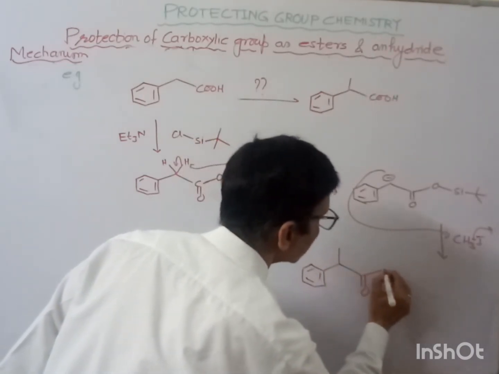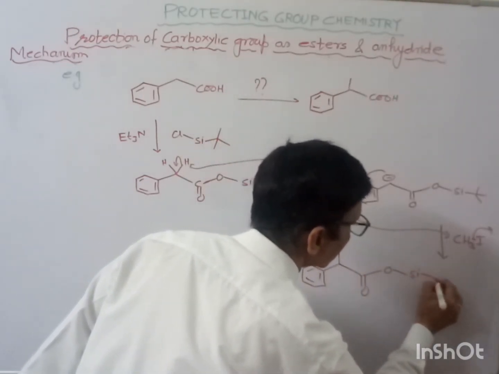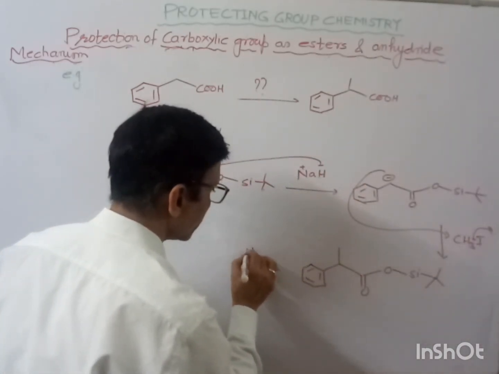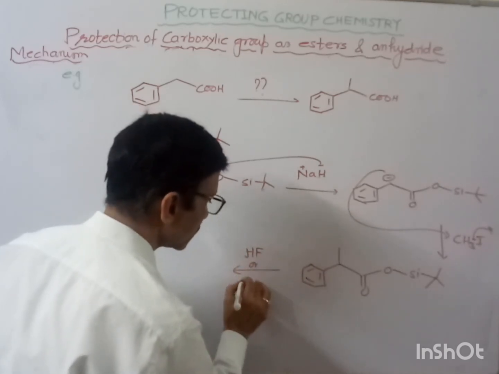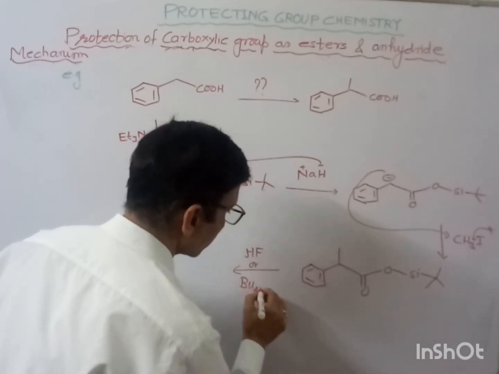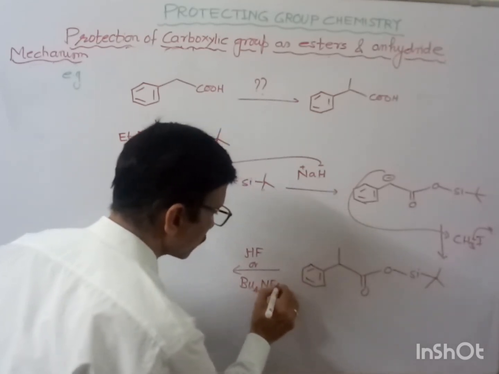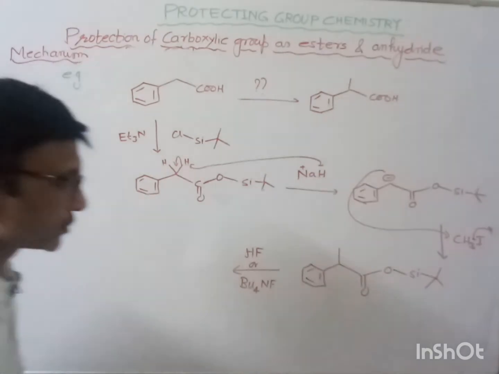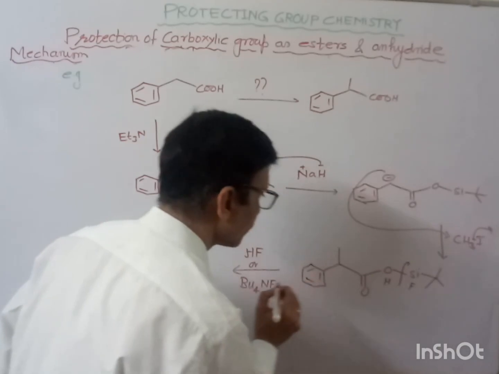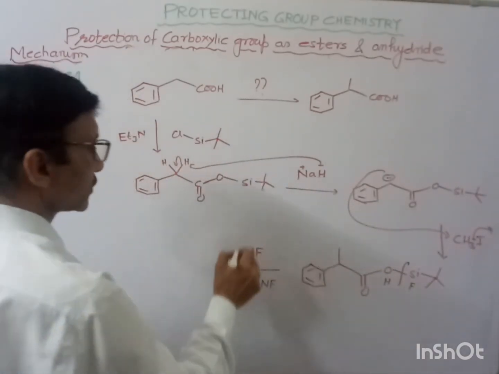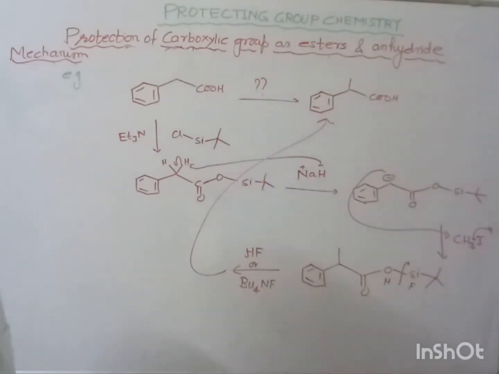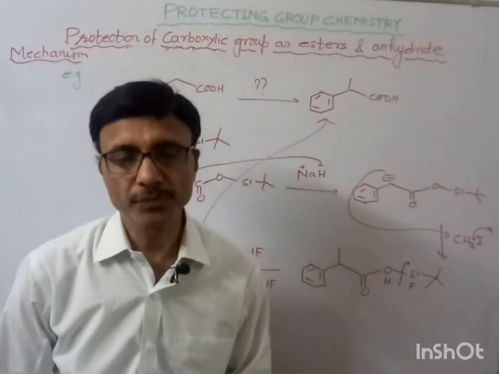Finally, that can be deprotected using either HF, or we can use tetrabutyl ammonium fluoride as a fluoride source. This bond will get broken, here we will get H, here we will get F, and we will get the desired product. So finally we will get this desired product. Okay, so this is the protection of the carboxylic acid group. Okay, thank you.